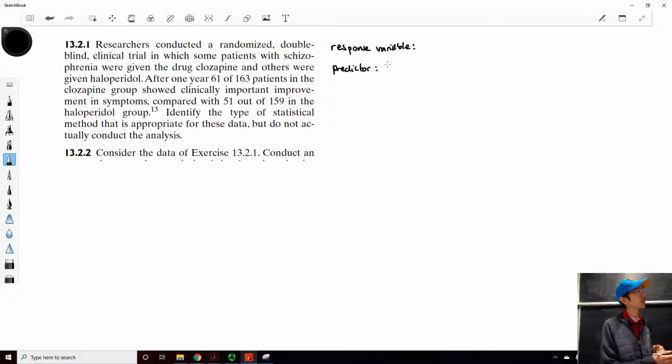Yeah, improvement in symptoms. Okay, improvement in symptoms, is that a numeric or categorical variable? It could be either one. Like your response variable could be number of schizophrenic episodes. Okay, sure. As it's presented here, is the data numeric or categorical? It's categorical, right? The response variable is categorical.